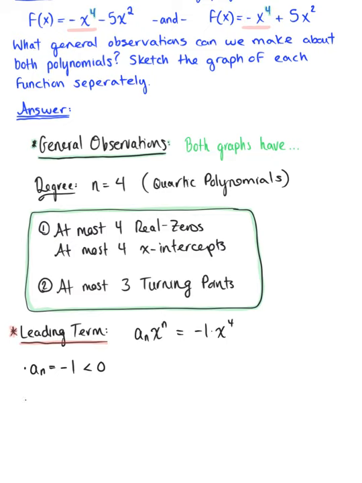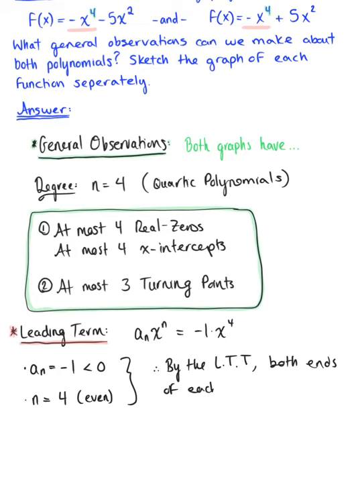And we can also see that our degree, again, n is 4, which is even. So we can say that, therefore, by the leading term test, or LTT, we can conclude that both ends of each graph point down.